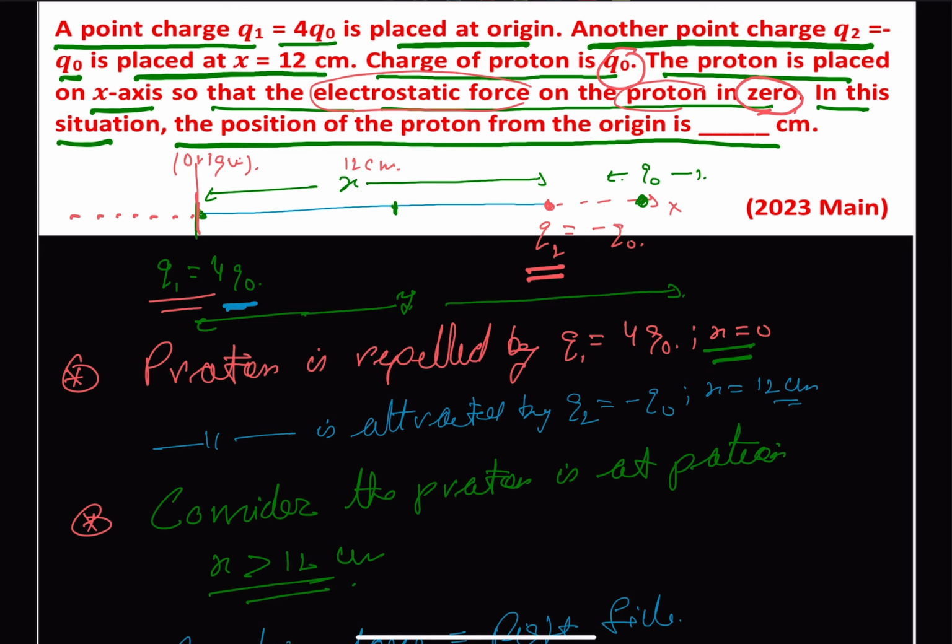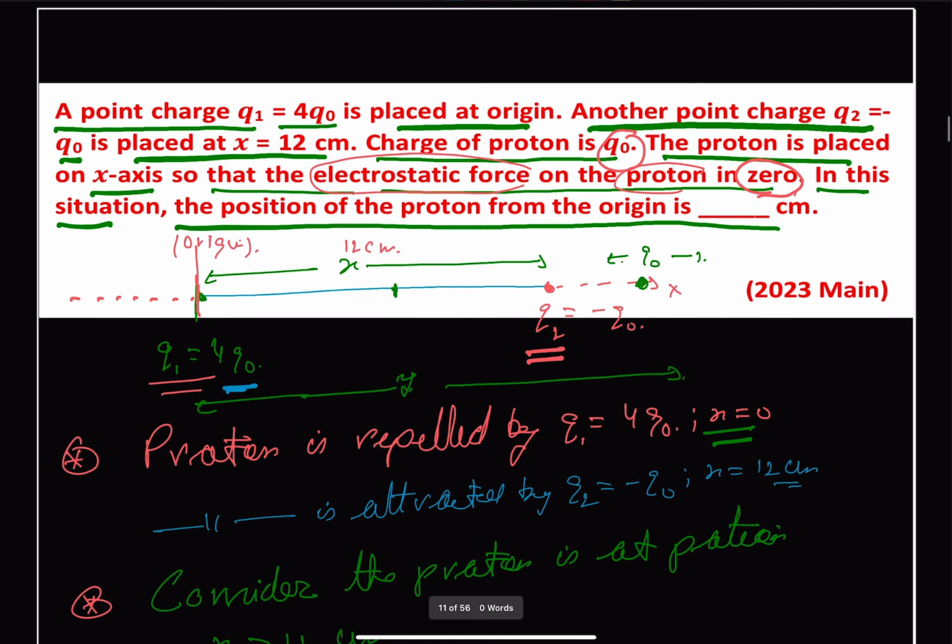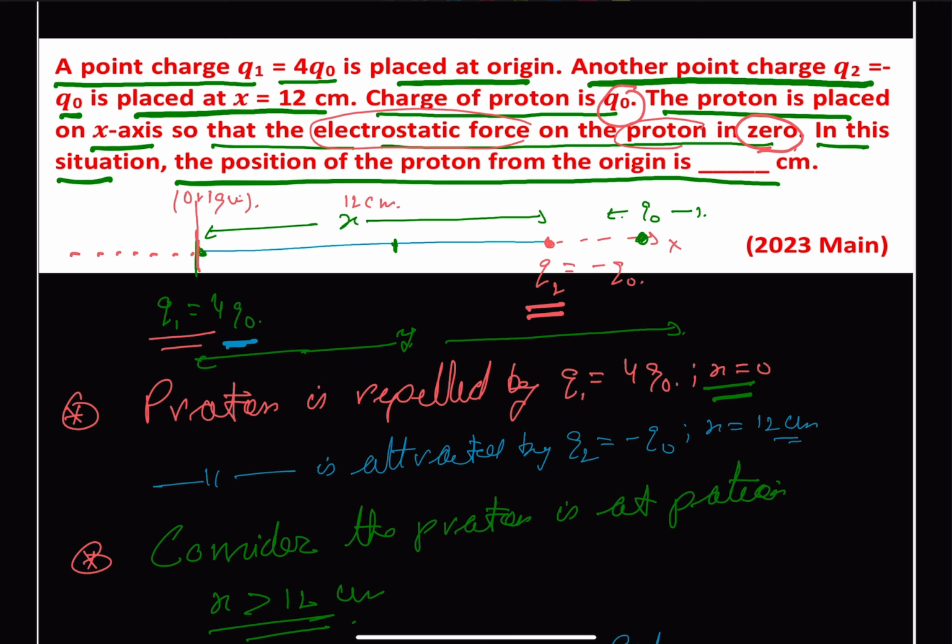Yeah, got it now. That was my mistake. This will be repelling in this direction and this will be also attracting in this direction. Yeah, now I got it.